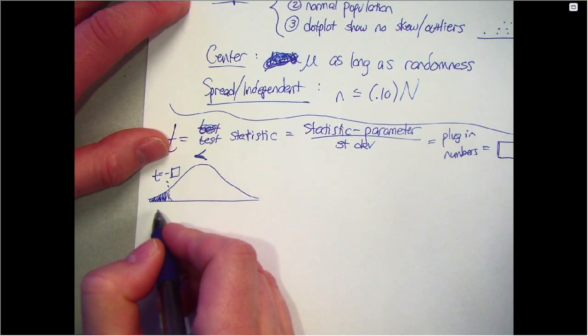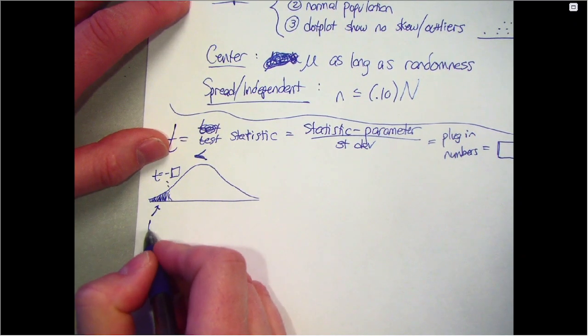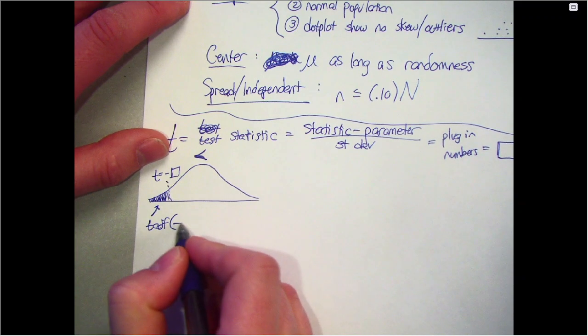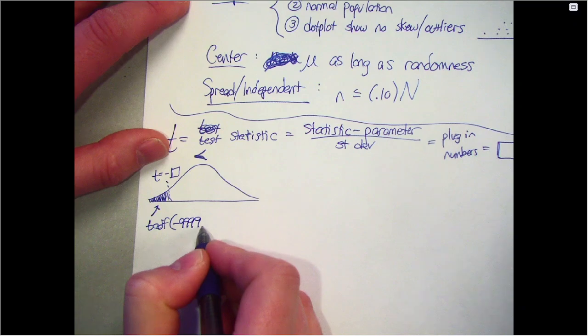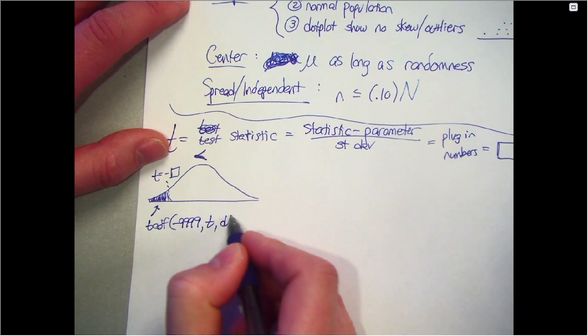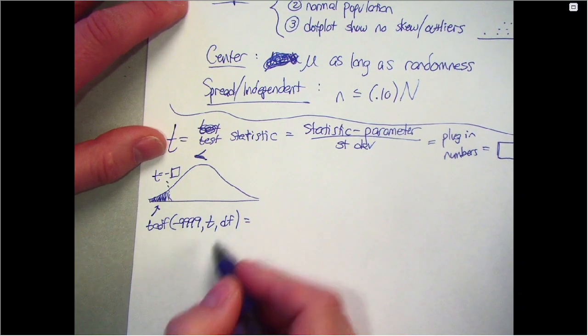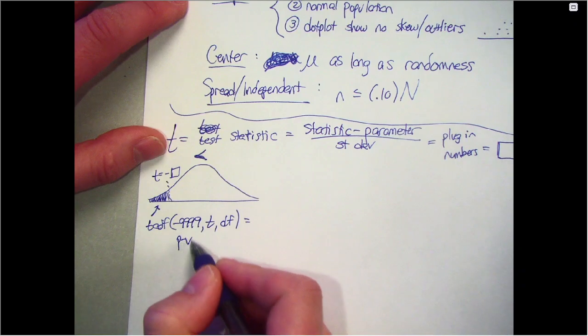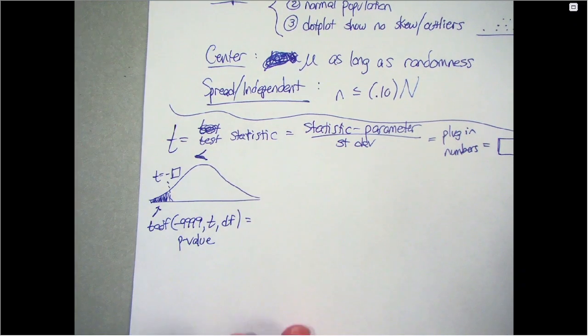And we would find that by saying T CDF -999, up to t, and then tell the calculator the degrees of freedom. And that equals the p-value.